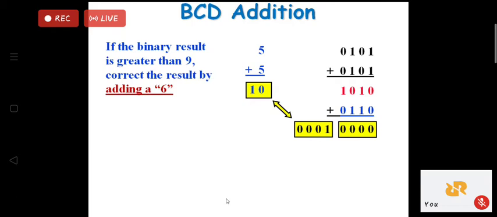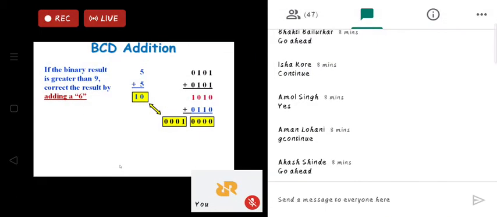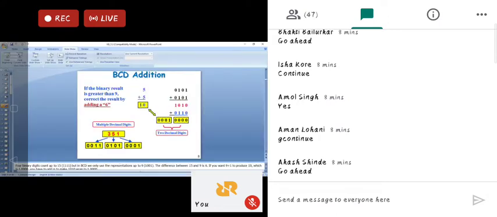How the BCD addition is to be done, that we are going to discuss today. Is the problem clear to you? Then only there is fun in learning the solution. Please write in the chat box whether the problem is clear, then we will come to the solution.